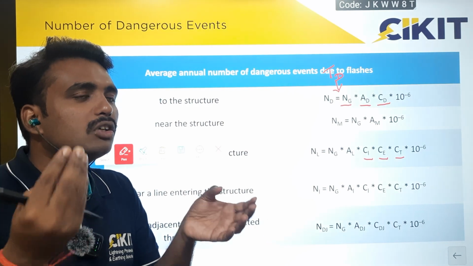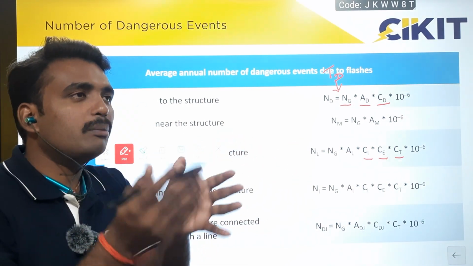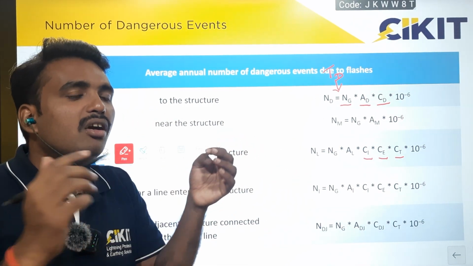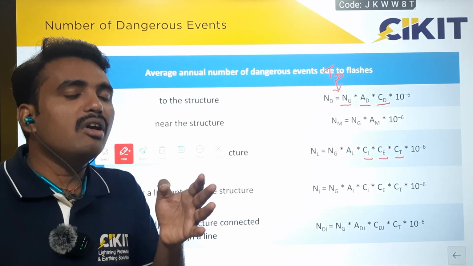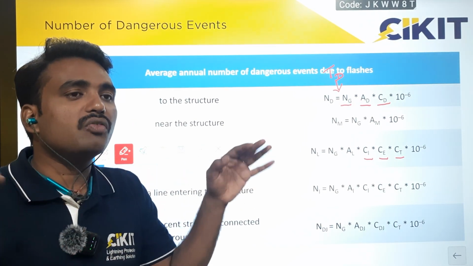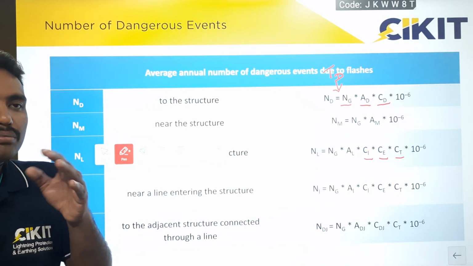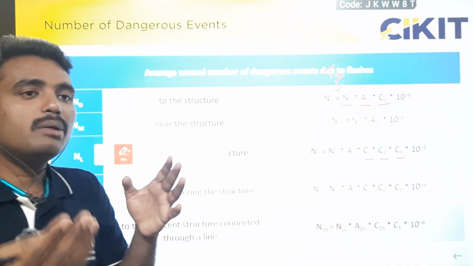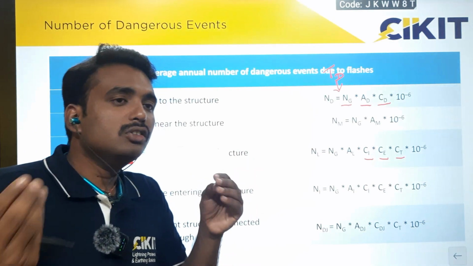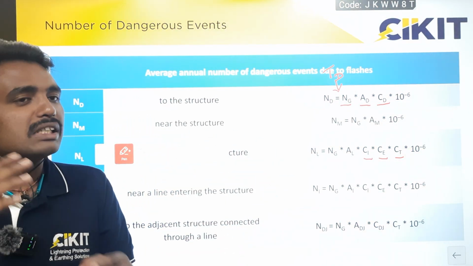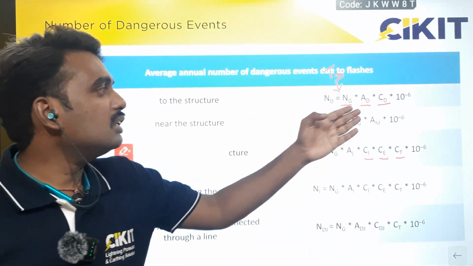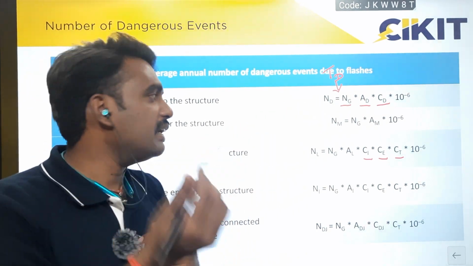So it will be different based on location. For example, whether the building is located inside the city or outside the city, whether it is surrounded by structures of the same height, or by structures higher than this building, or the building is located on a hilltop. If the same building is located on a hilltop, the risk will be much higher. These are the parameters which will be considered for calculating ND.